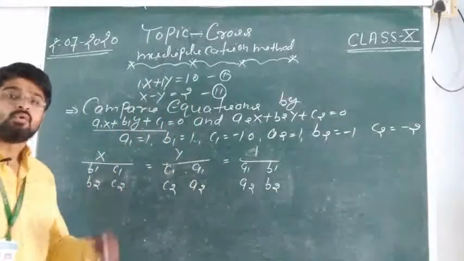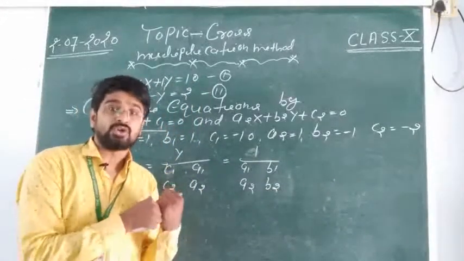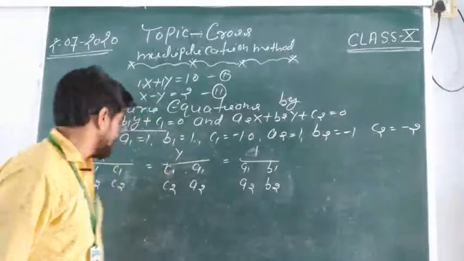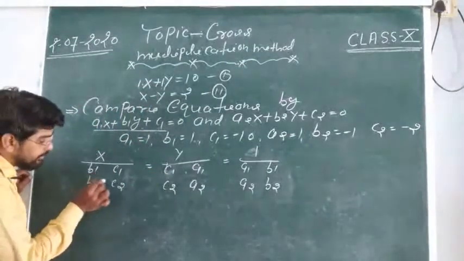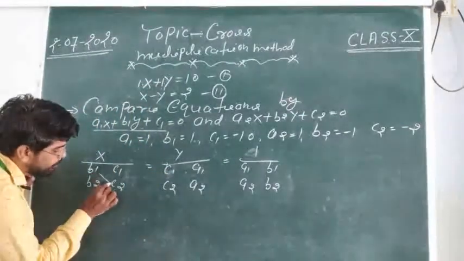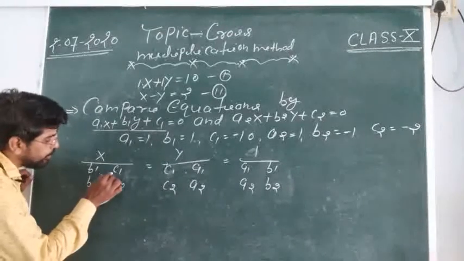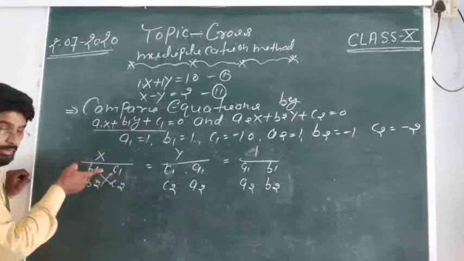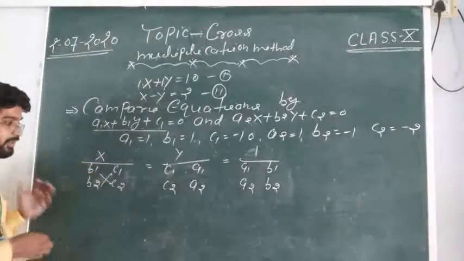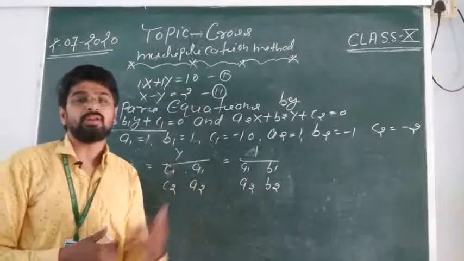And now see why we are calling it the cross multiplication method. We will multiply b1 with this b2, this value with this value, like a cross. That's why we are calling it the cross multiplication method.